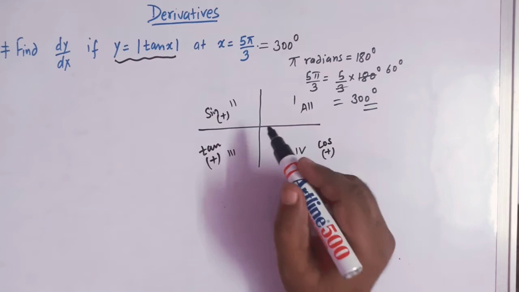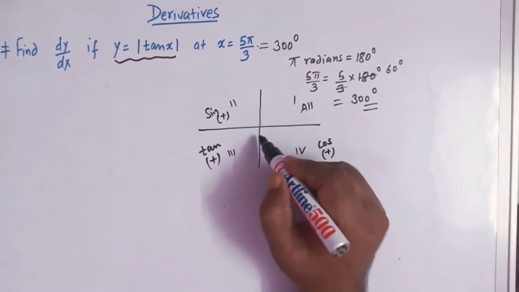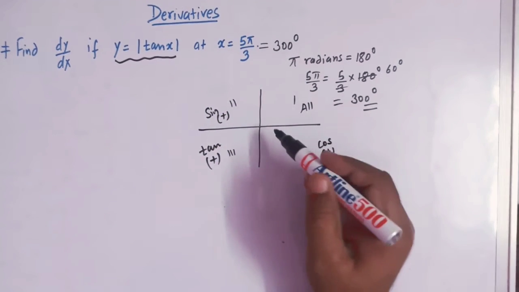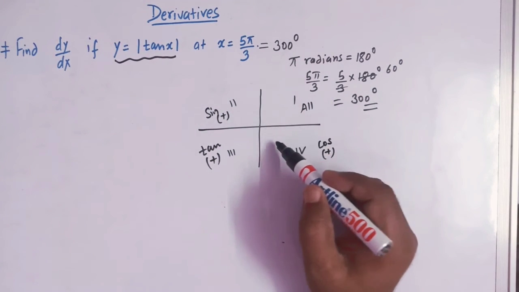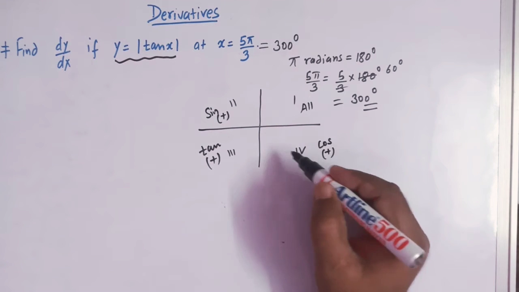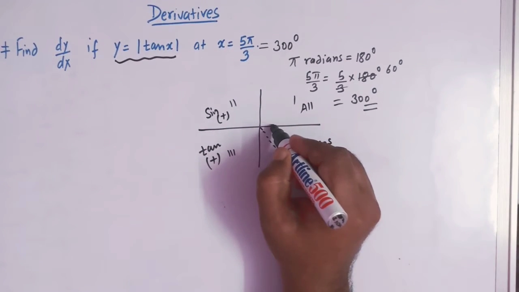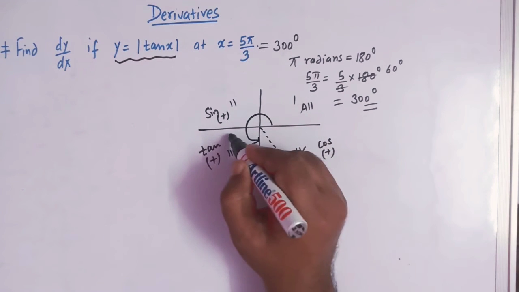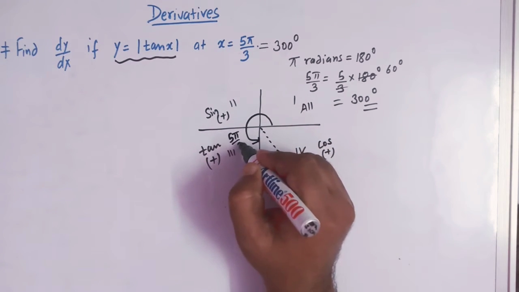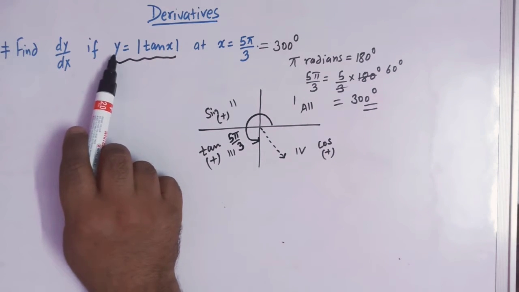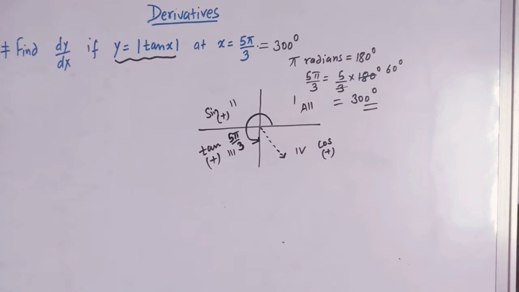If we measure the angle 300 degrees or 5π/3, this angle falls in the fourth quadrant. So we have to find the derivative of y at x = 5π/3.